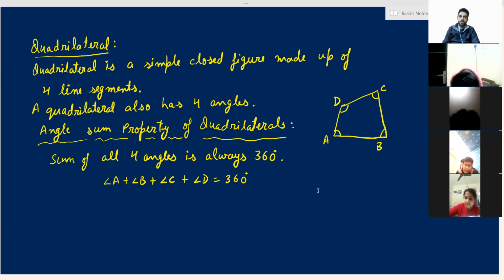But in the case of quadrilateral, now there are 4 angles. So the sum of all the 4 angles is equal to 360 degrees. Okay, very nice. Very good to know that you all are able to understand the meaning of angle sum property.